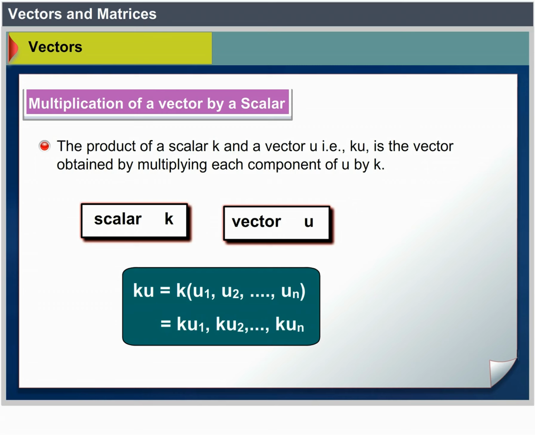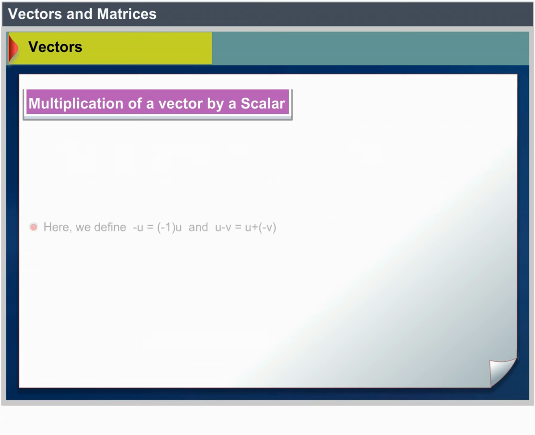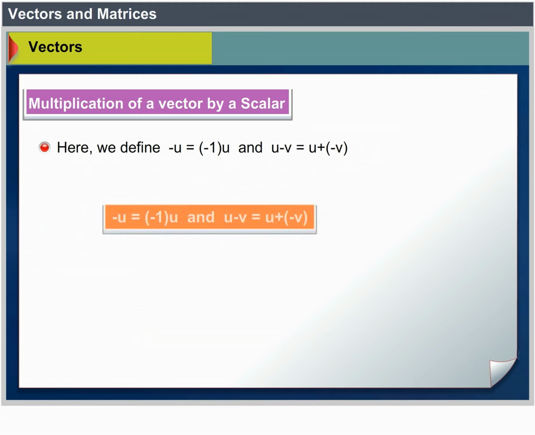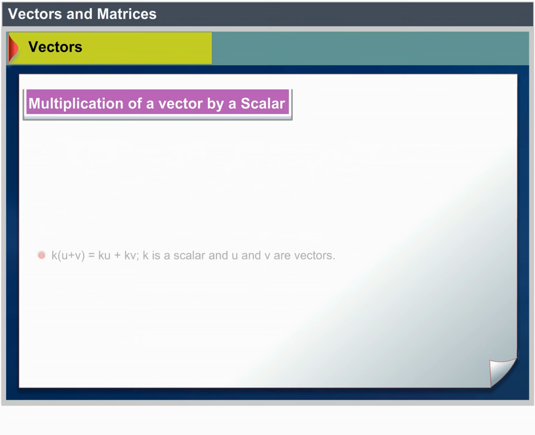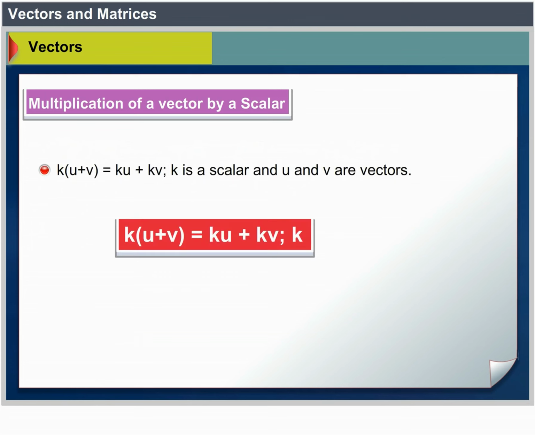Here we define minus u = minus 1 times u, and u minus v = u plus minus v. k times (u + v) = ku + kv, where k is a scalar and u and v are vectors.